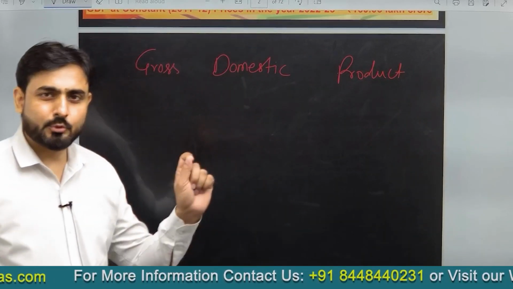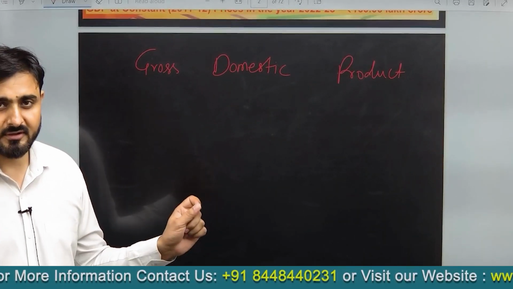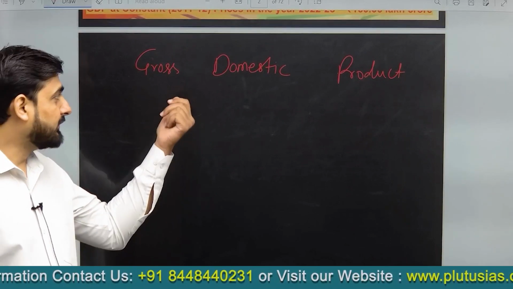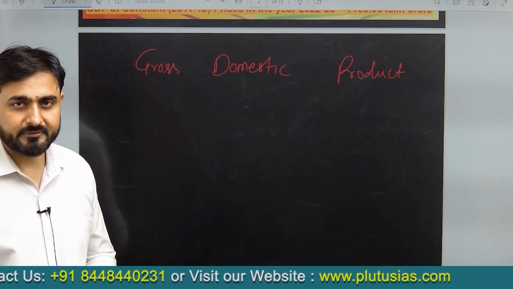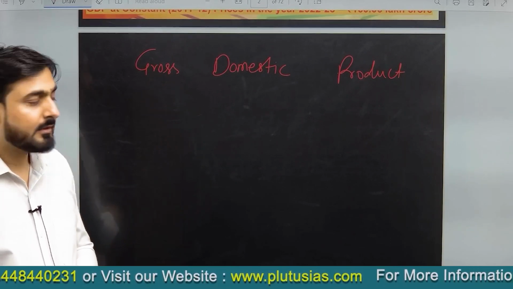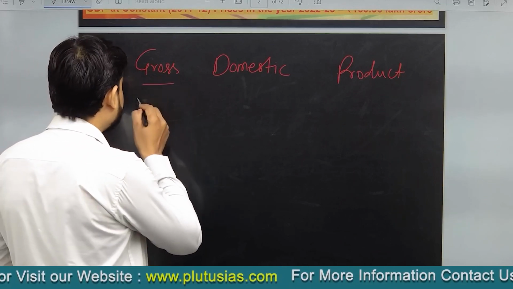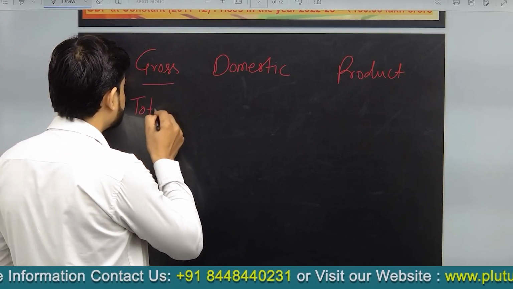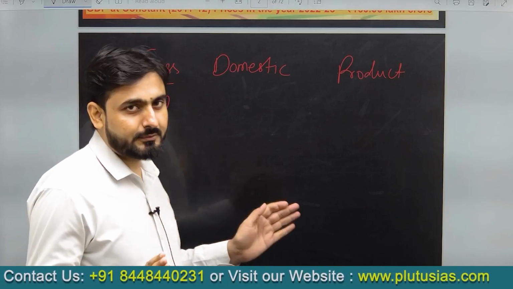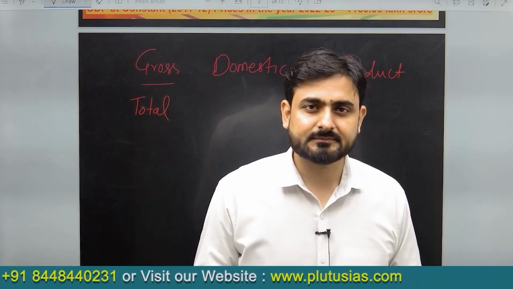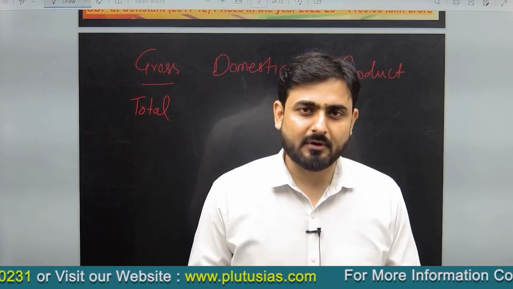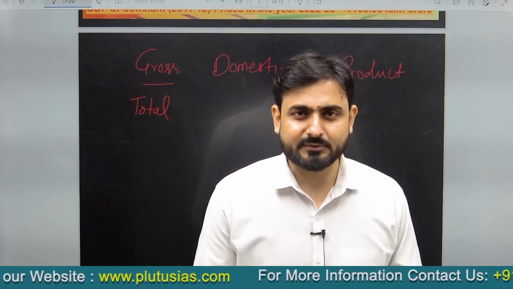What does total mean in mathematics? Similarly, gross refers to the same in economy. So gross means total value of all products. Products means goods and services.